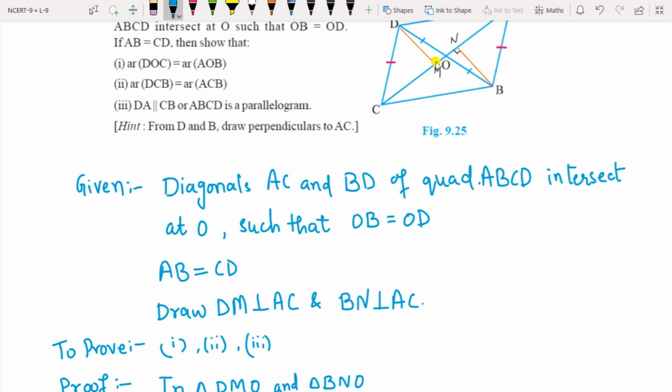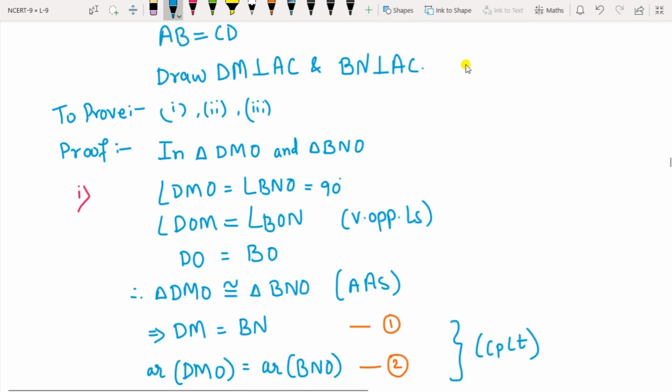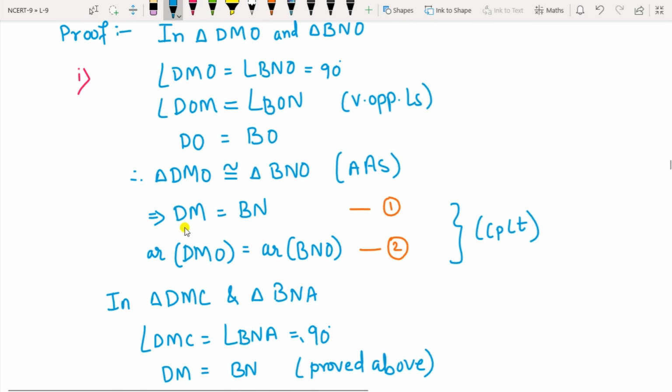This one is 90-90. Here it is vertically opposite angle. This angle is vertically opposite to this, and these two sides are equal, that is given, and therefore the two triangles will be congruent, and therefore their altitude will be equal, that is DM will be equal to BN, that is equation number 1.